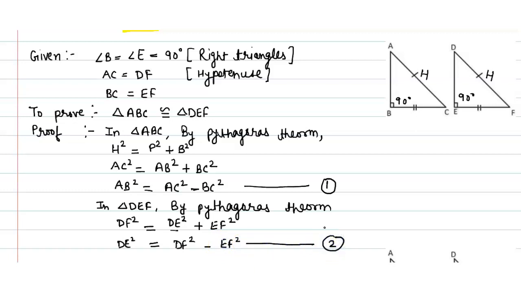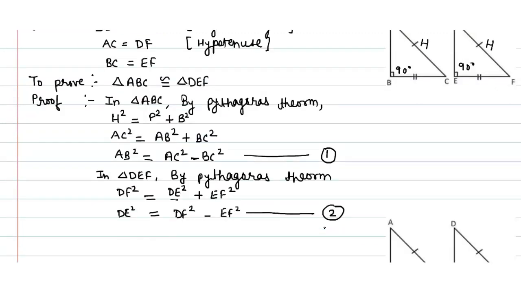Now let us name this equation 2. Now in equation 1, that is AB square is equal to AC square minus BC square, we will substitute the value of AC and BC in this equation.